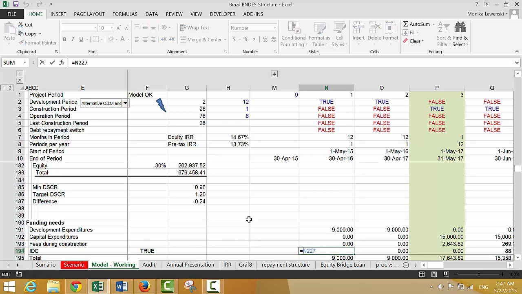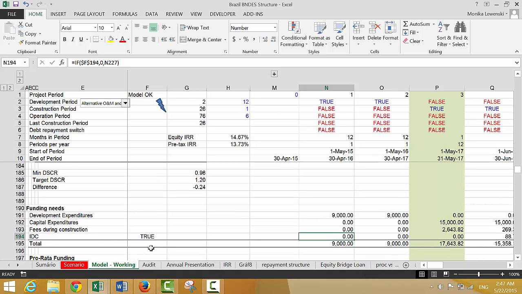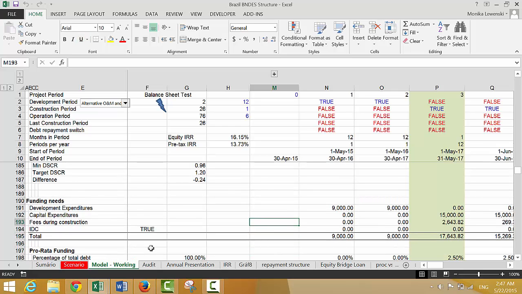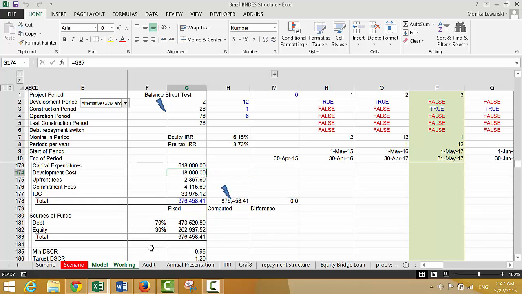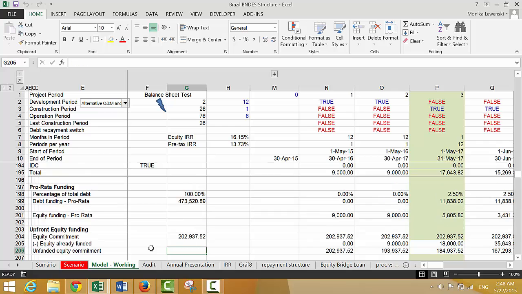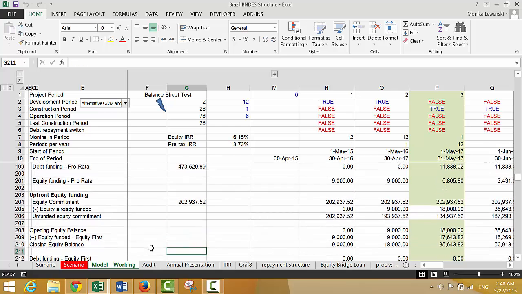So what we do, if this is true, F4, then put 0, okay, so we turn it off. We don't pay any interest during construction. Now, up here, the IDC, I hope, is still positive. That's good. We want it still to be positive there.